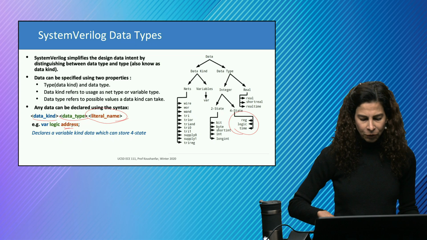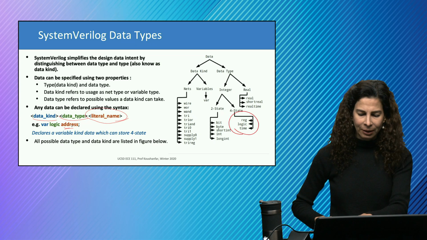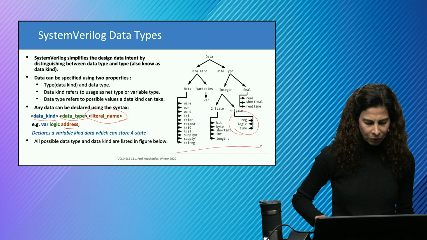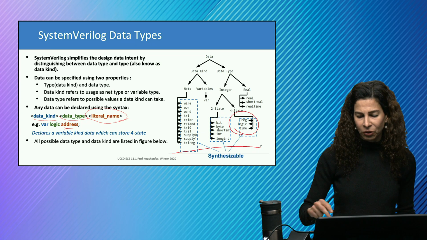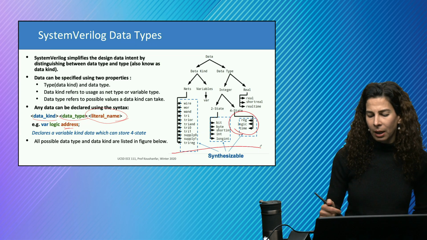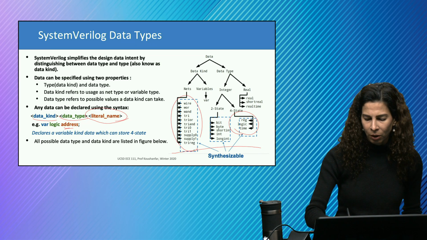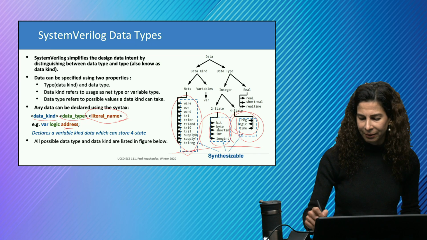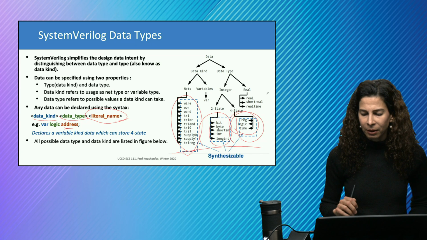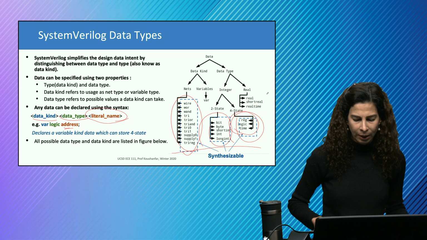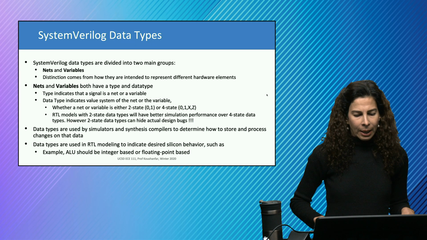All possibilities for the System Verilog are listed in the figure here, and as you see here, these are actually synthesizable, meaning that this is going to be synthesized, and all these 3 are synthesizable, whereas a real one is not necessarily readily synthesizable to hardware.